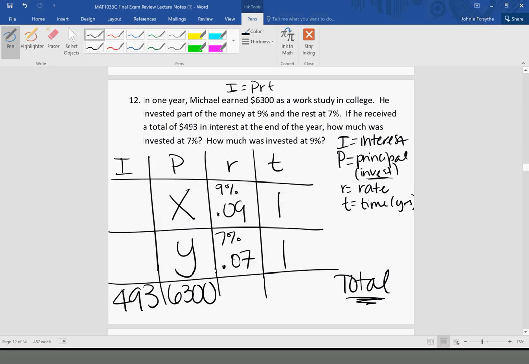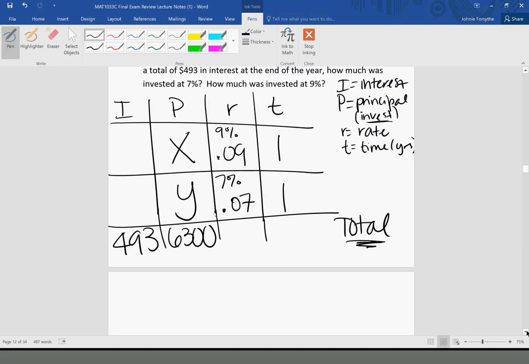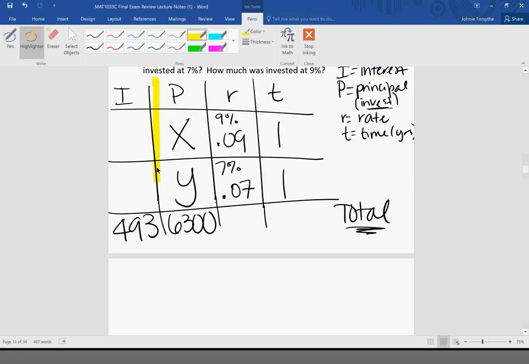Now, we need to get two equations to write our system of equations. So the columns, the interest column and the principal column, are going to give us our equations. So we have one column ready to go here.